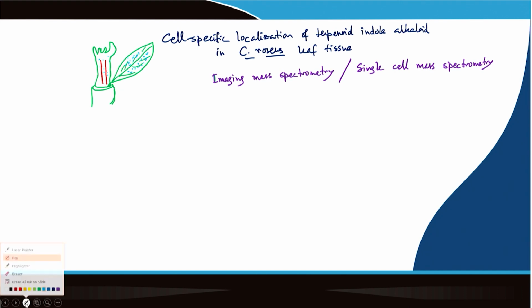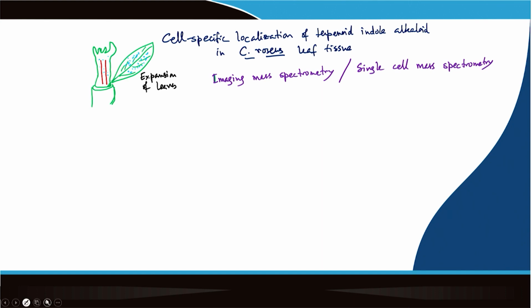So, this has been demonstrated using these techniques, and this is basically showing the expansion of leaves. So, there are two particular types of cell, one is the leaf primordium cell and one is the elongating cell.